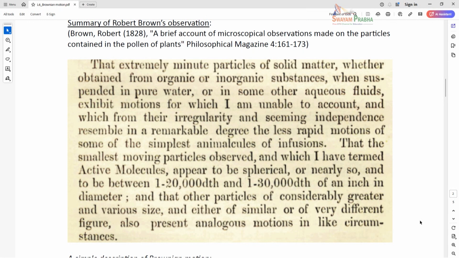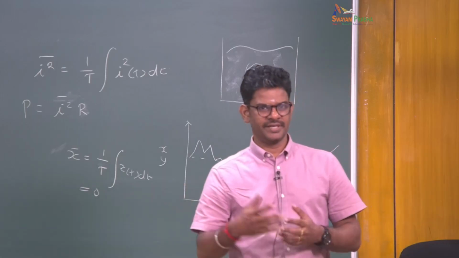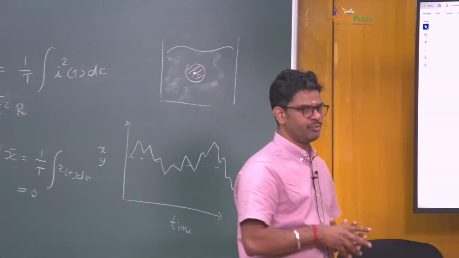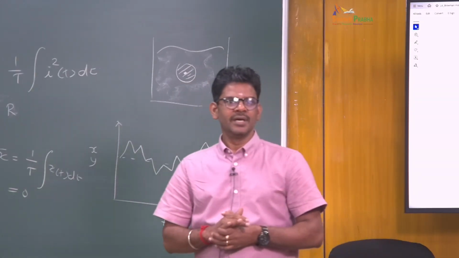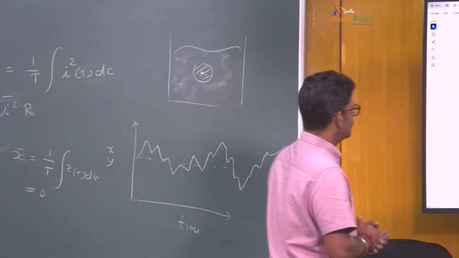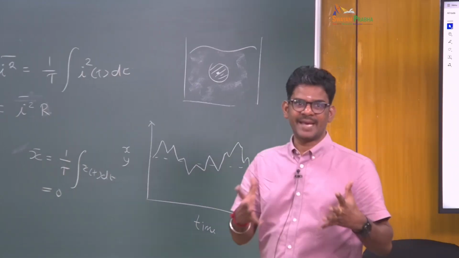So here he is saying that when solid particles are very tiny in size, whether they are derived from organic matter or inorganic matter like oxides, whichever way it is, when suspended in pure water or any other aqueous media, they exhibit irregular motion, and he is not able to explain why that motion happens.